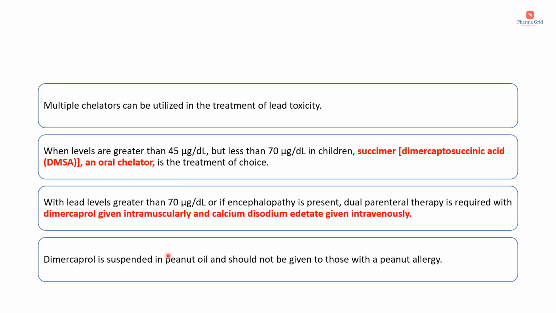And if the lead level is greater than 70 micrograms per deciliter, or if encephalopathy is present, dual parenteral therapy is required, which includes dimercaprol given through the intramuscular route and calcium disodium edetate given through the intravenous route. Dimercaprol is suspended in peanut oil and should not be given to those with a peanut allergy.